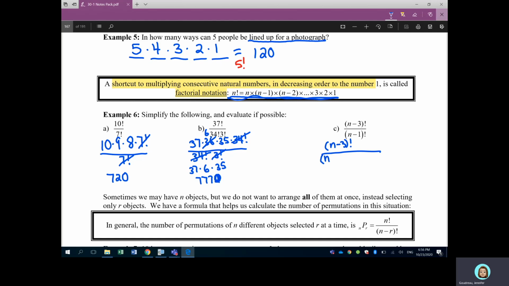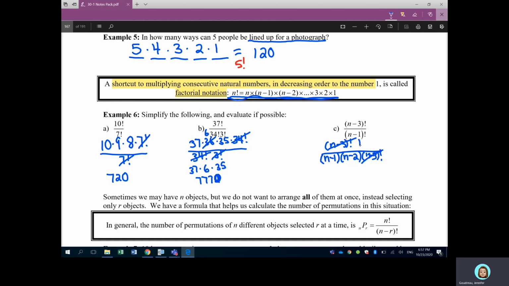We start with what we see, so we start with n minus 1. We reduce it by 1, so n minus 2. Reduce by 1 again, n minus 3, and we will write the rest of the expansion as n minus 3 factorial. We stop at the n minus 3 because that is the factor that we have in the numerator. So the n minus 3 factorial in the denominator has taken out the n minus 3 factorial in the numerator.